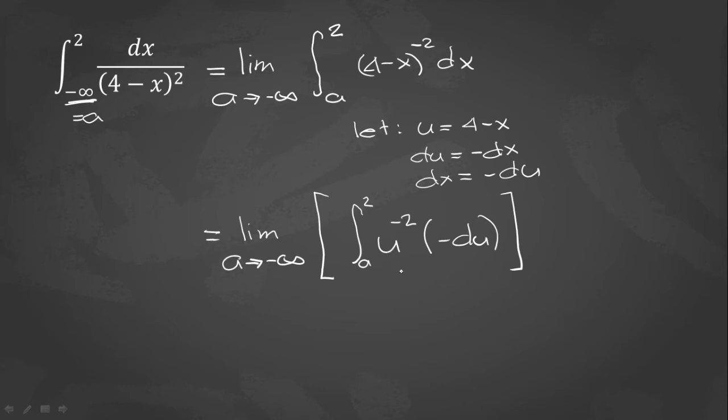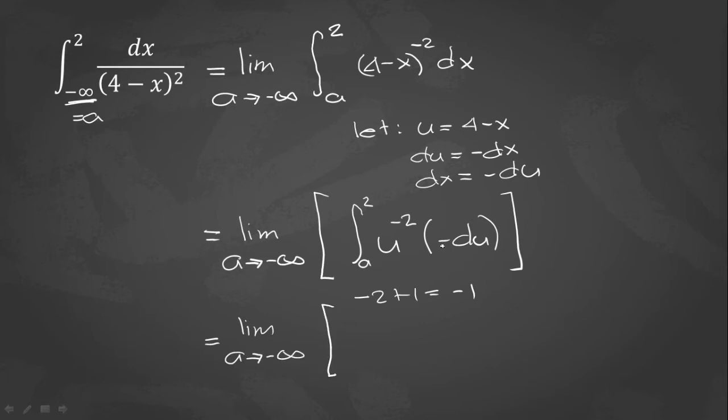Now, applying the integration of the exponent, our exponent here is negative 2, adding 1 gives negative 1, and taking its reciprocal is simply negative 1. So we have here the limit as a approaches negative infinity.